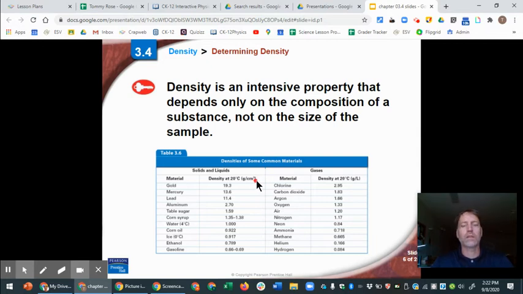So the density is typically measured at a temperature, because remember the temperature is the measurement of the movement of the molecules. So the less movement, the more closely packed they can be. So this measurement is at 20 degrees Celsius, or about 72 degrees Fahrenheit.